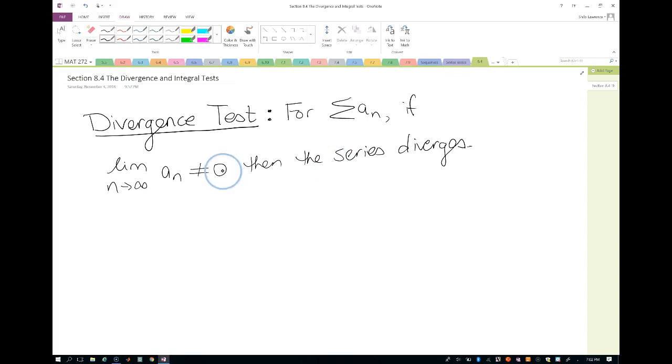If the limit is 0, that does not guarantee anything. It could still converge or diverge. So, like I said, we can only use this to prove divergence. You can never use the divergence test to prove convergence.